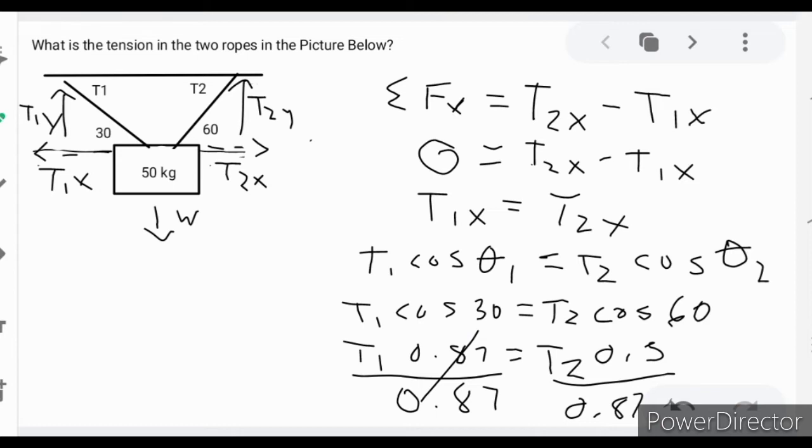So the equation for T sub 1 is equal to 0.5 divided by 0.87, which is 0.57 T sub 2. So that is the equation for T sub 1.